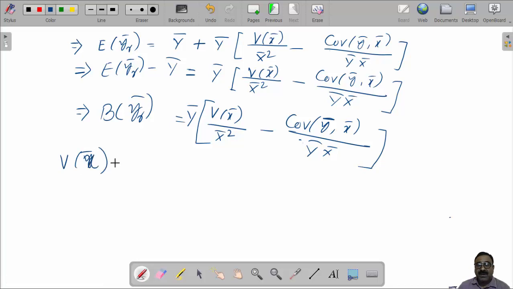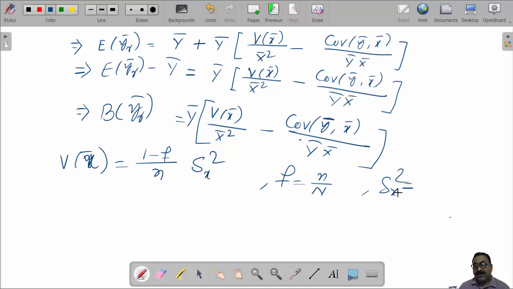variance of x bar equal to 1 minus f by n into sx square, where f equal to small n by capital N. Sx square is the population mean square for the variable x. So 1 by n minus 1 summation i equal to 1 to n xi minus x bar whole square.